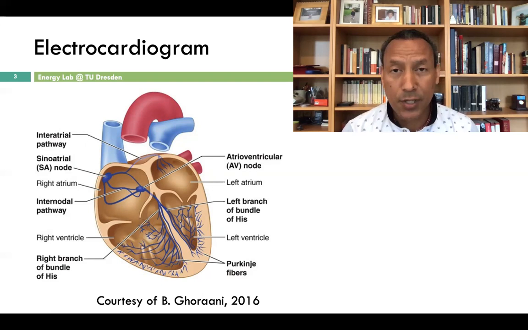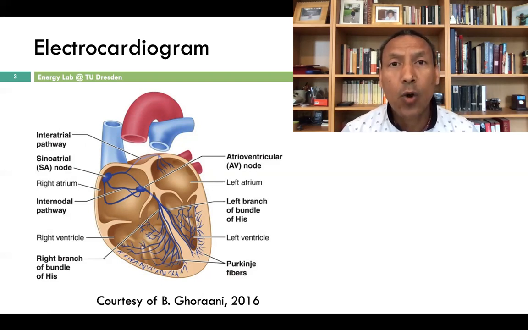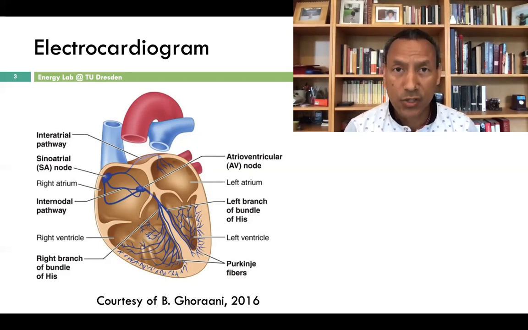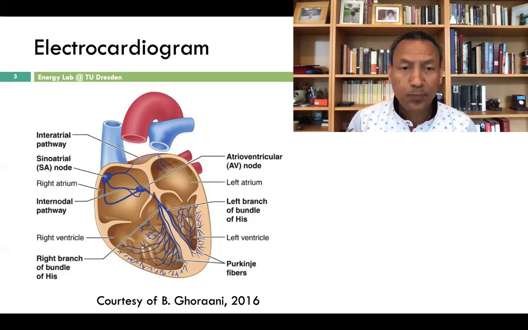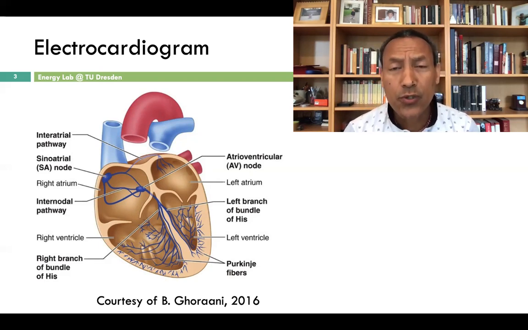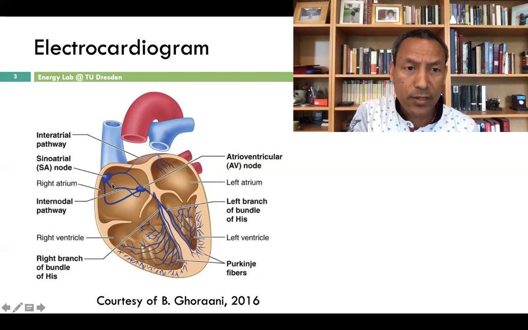This activity of the heart is controlled by the electrical conduction system, the cardiac electrical conduction system. And I will briefly explain how this functions. The heart produces a periodic impulse, and the source of this impulse is the sinoatrial node, which is located here.